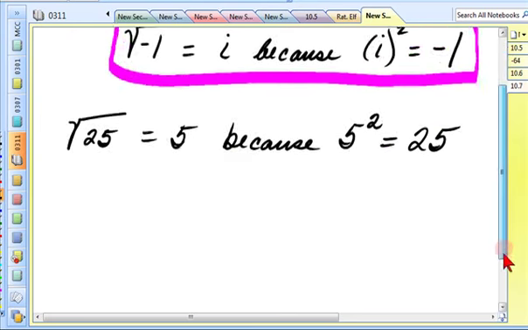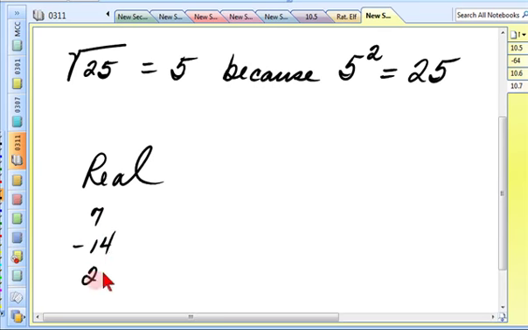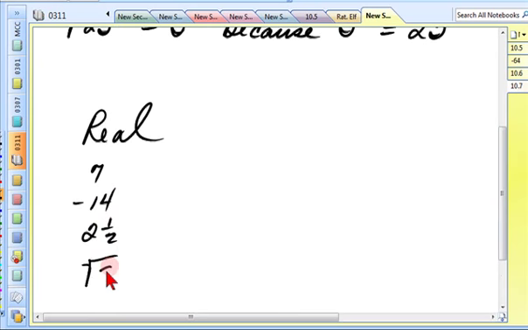Now, that means that so far we've looked at two kinds of numbers. We've looked at numbers that are real. And there's all different kinds. There's whole numbers, counting numbers, fractions, decimals, irrational numbers. They're all real. So like 7, -14, 2.5, square root of 3. They're all real.